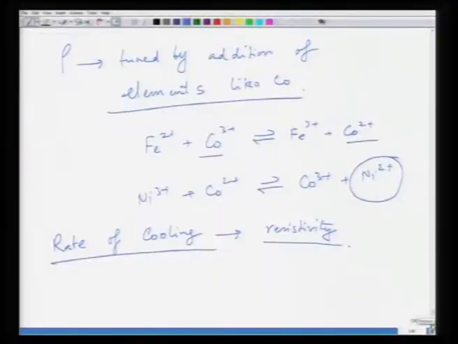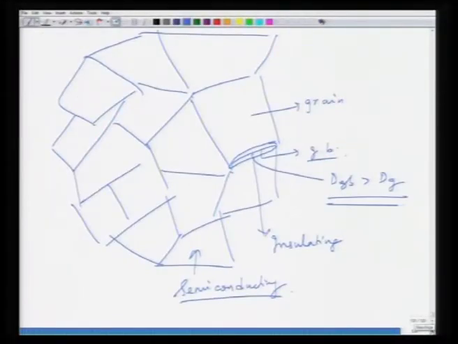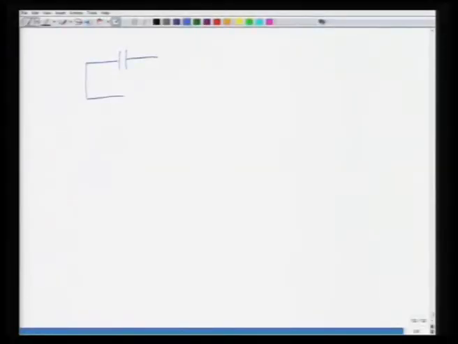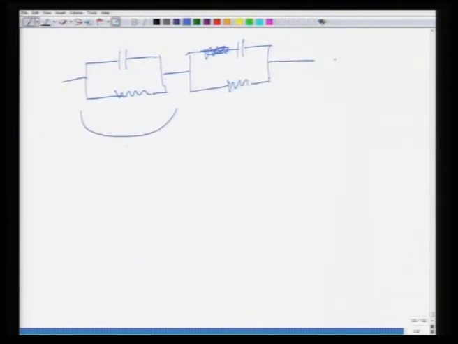So for instance, next slide. Okay, so here since the grain and grain boundaries are different, you can treat them as if they are shunted capacitors connected in series, just like we saw in dielectrics. So this will have its own impedance, this will have its own impedance.